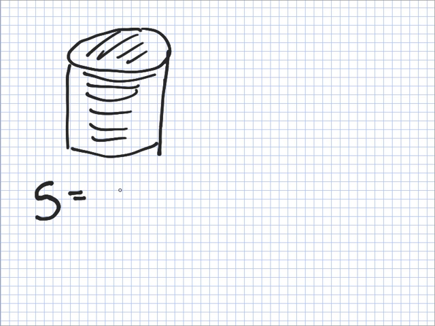It's two circles plus a rectangle, so it'll be 2 pi r squared plus 2 pi r h. How long ago since you saw that now? 5 years? 3 years? Huh? You saw it recently? Semester 1 you saw it, okay.